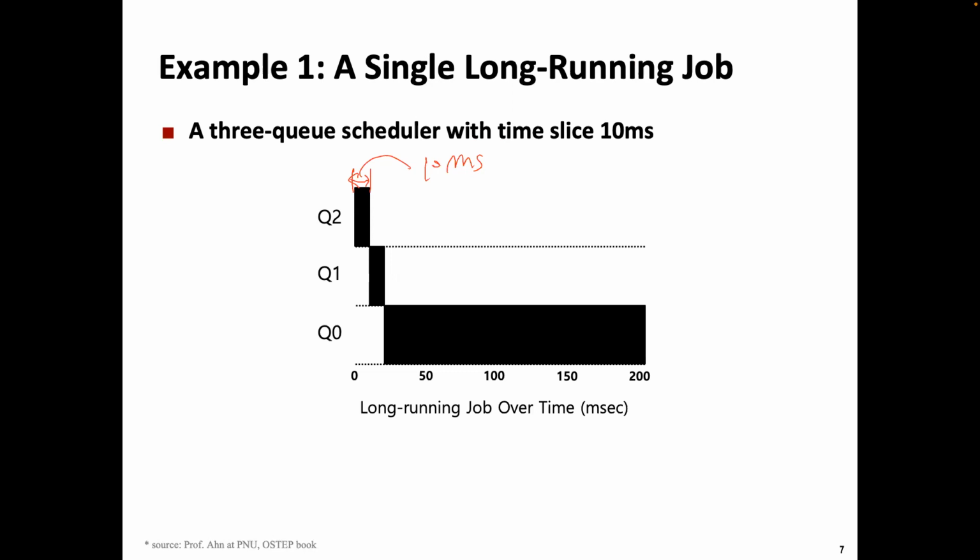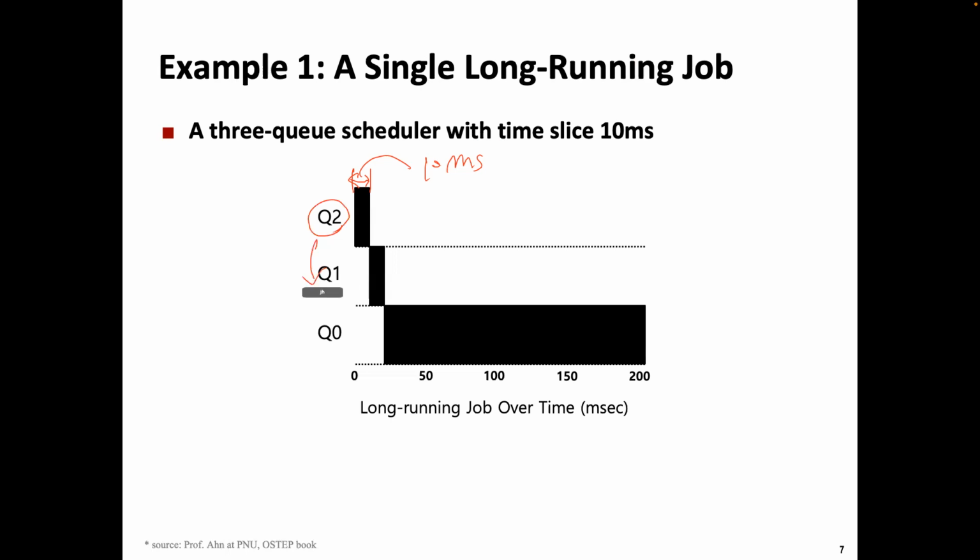As you might know, the job is executed on the CPU for its full time slice, then the scheduler needs to reduce its priority to Q1.